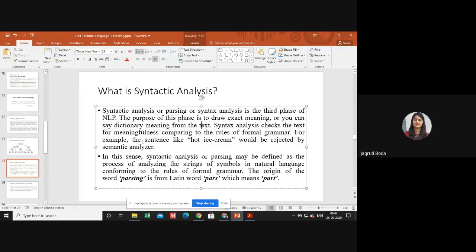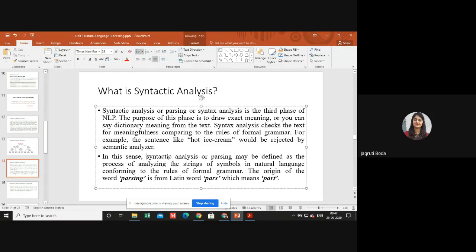For example, a sentence like "hot ice cream" would be rejected by the analyzer. You can see "hot ice cream" is not a right meaning, right? It is rejected because ice cream is always cold. Hot ice cream is not in the dictionary, so that is why it is rejected.